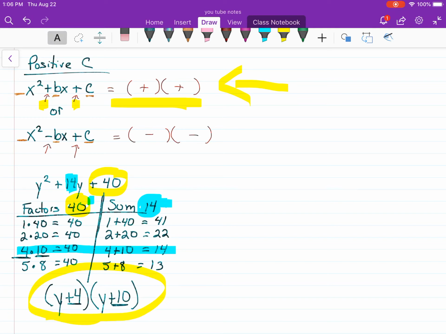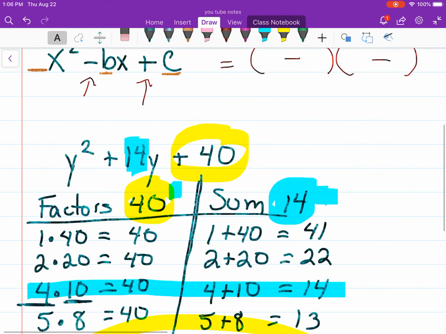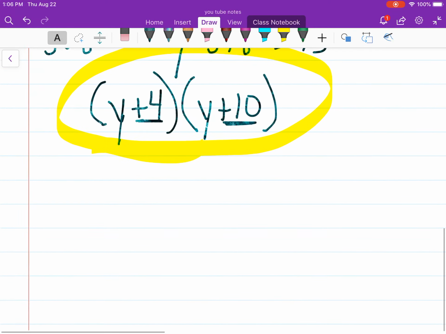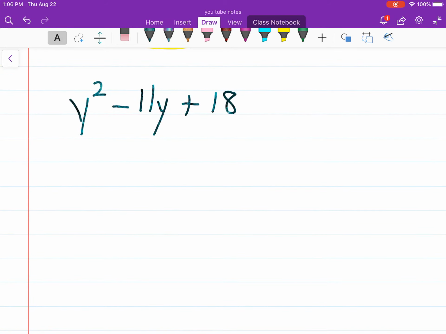All right, let me zoom back in. Let's do one where it has a minus in the front. I have y squared minus 11y plus 18. Same concept.